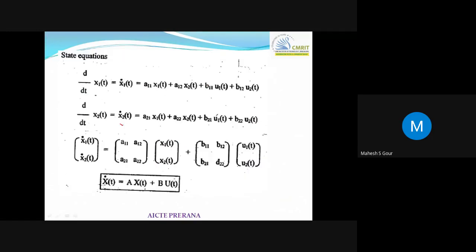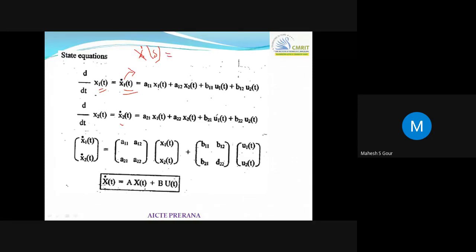Okay, see this x1 of t, right? This is x cap of t, this is called differentiation of your initial conditions, right? So if I write x dot of s, this is in time domain, but if I'm writing in Laplace domain, this will come as x dot of s.